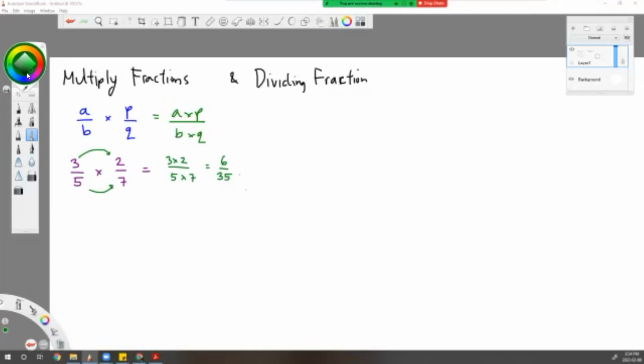Okay, I will give you one more example so you can understand further. 3 over 8 times 4 over 3. How can you calculate this? Again, what you need to do is multiply the numerator by the numerator, 3 times 4, over 8 times 3.